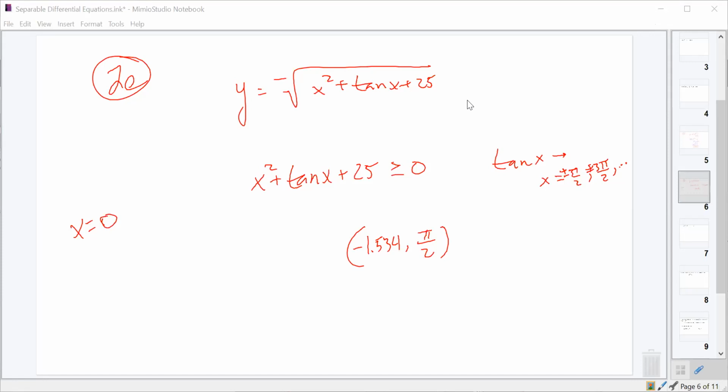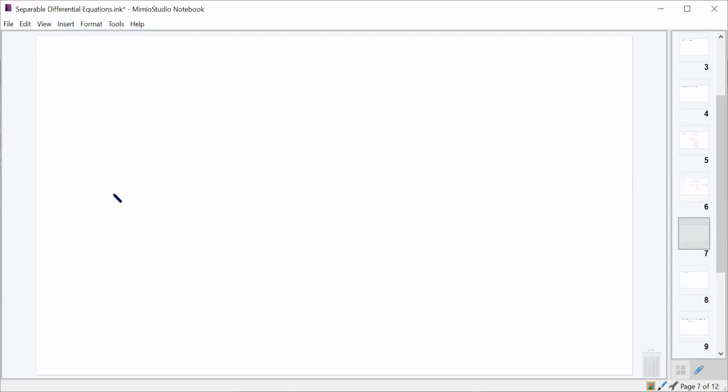Next one will be 1A. How did I get rid of the constant using K equals e to the C? Good question. I don't remember what that question was. What did the question start out as for 1A?